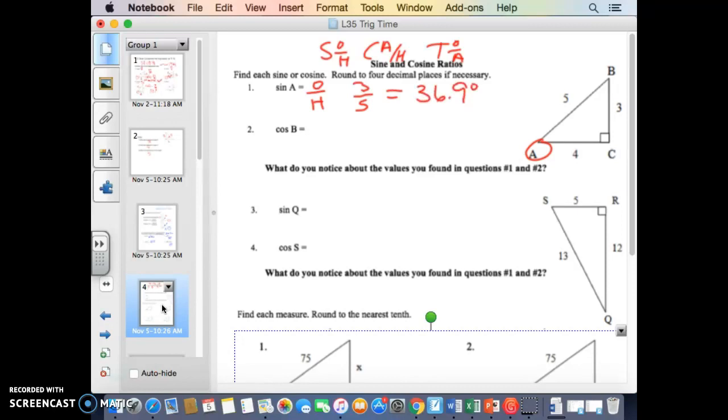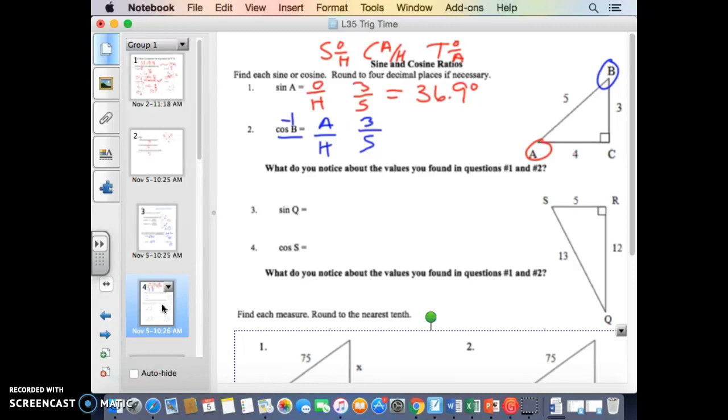Now if I want the cosine of B, remember cosine is adjacent over hypotenuse. And this is going to be kind of interesting because adjacent to B is 3, and the hypotenuse is 5. So you're going to hit second cosine, so it should be cosine negative 1, 3 over 5 in parentheses.